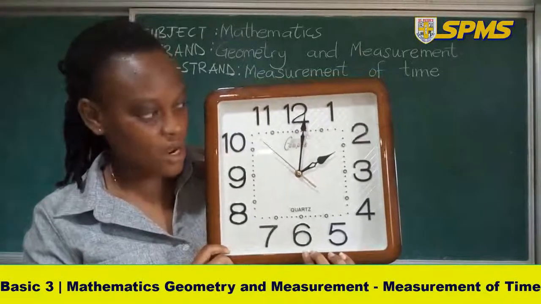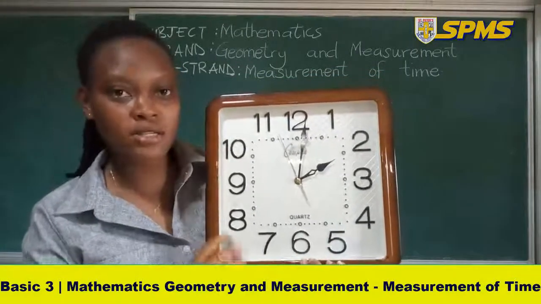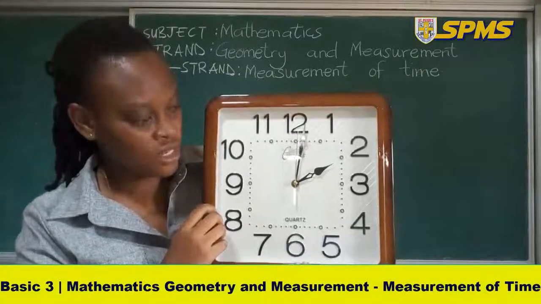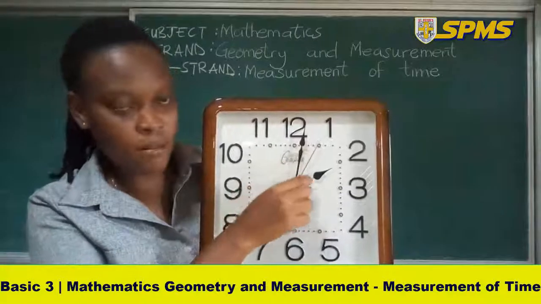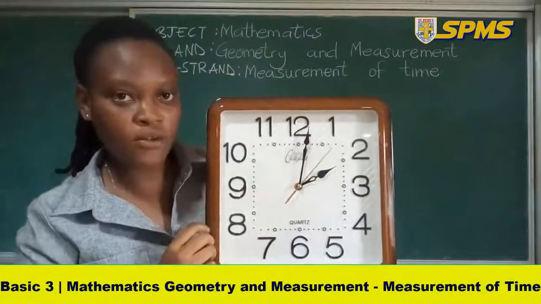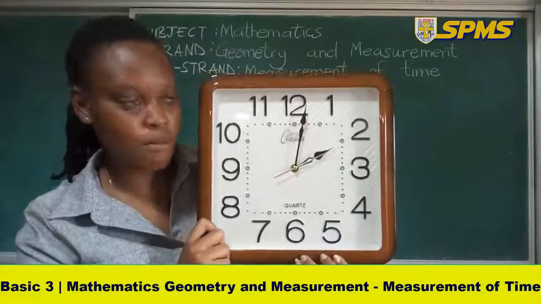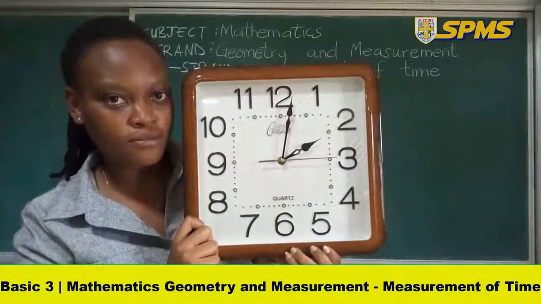Remember, in our keywords, we said analog talks about signals, the hand moving in a clock. So I hope we can see some hands moving. This shows a typical example of an analog clock.